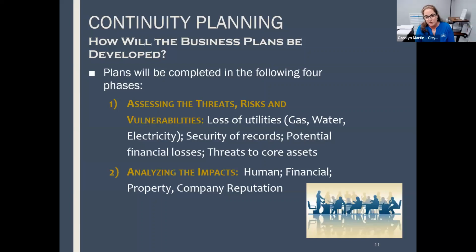Then once you know what the risks are, you may not be prone to weather interruptions. You may be fine with that, but first answering the question of what are the threats, then what are the impacts. After you determine what the threat is, exactly how is that going to impact you being able to come back online?